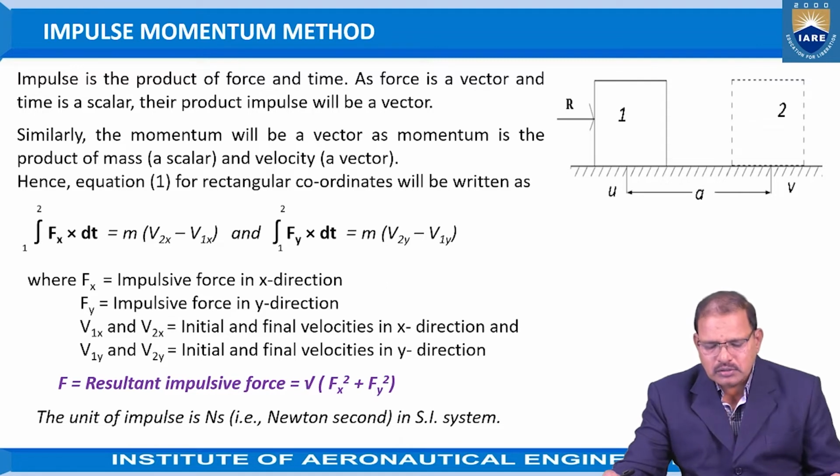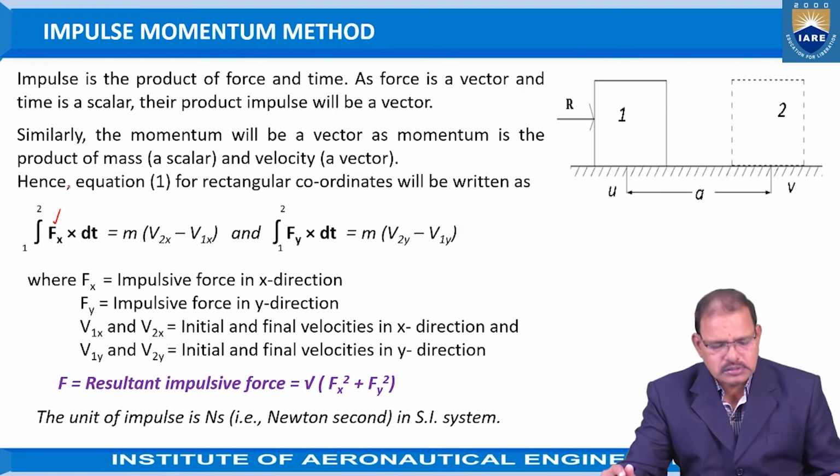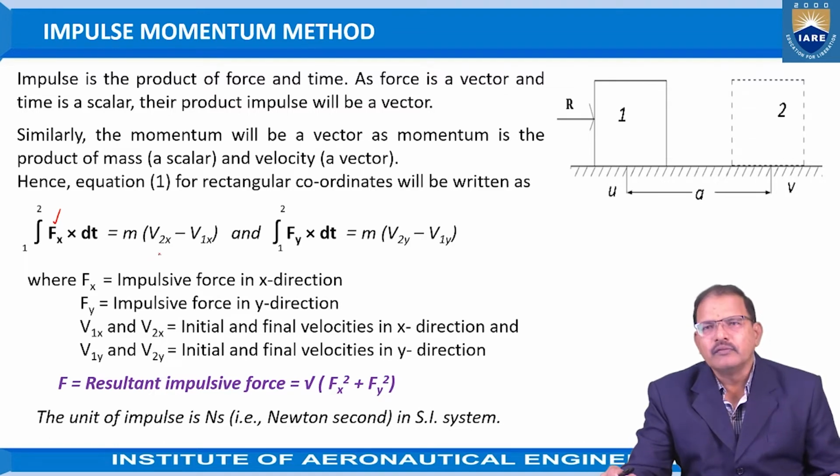So that is equal to m(v2y minus v1y), where Fx represents the component of force acting along the x direction, and dt is the collision time, which is equal to the change in momentum in the x direction. m is the mass of the body, and v2x is the final velocity along the x direction. v1x represents the component of initial velocity in the x direction.